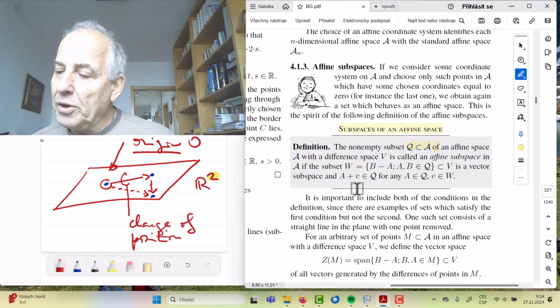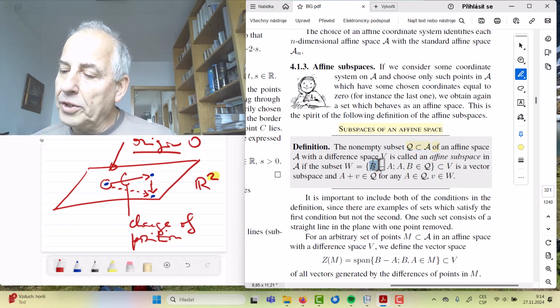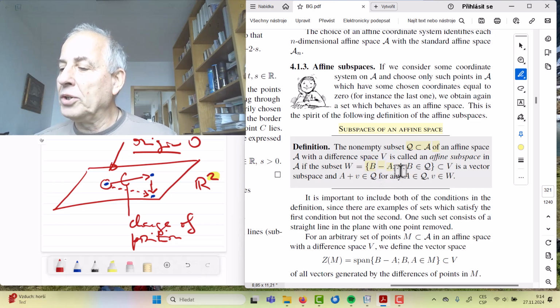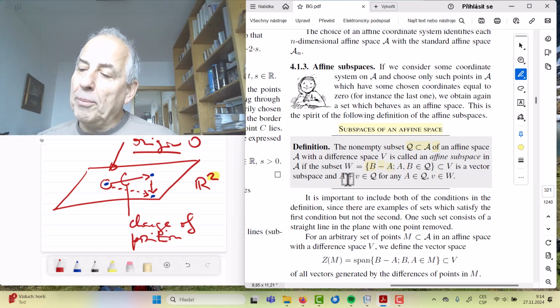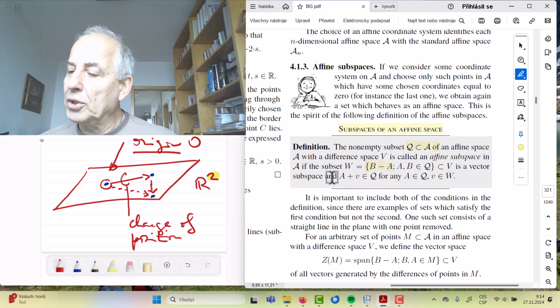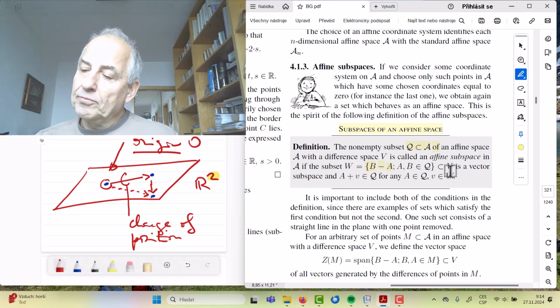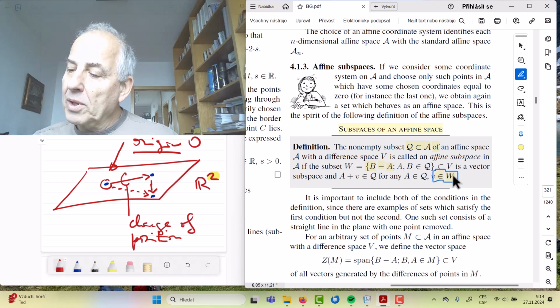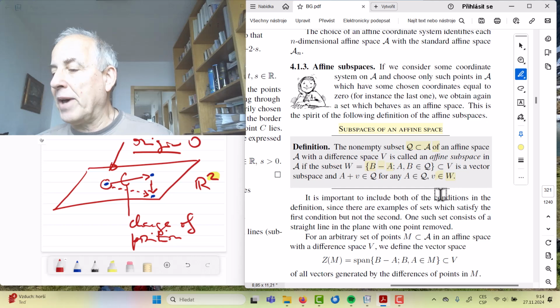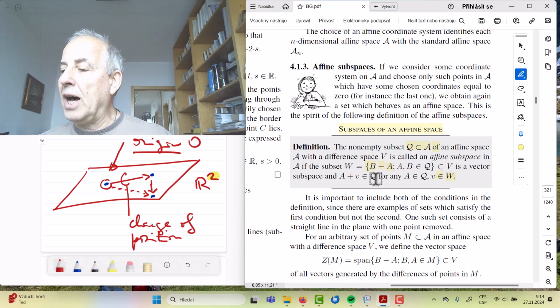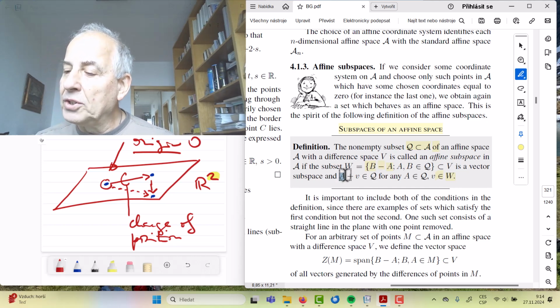So first we can take all the differences between points in my subset Q, and we insist that this W would be a vector subspace. And then we insist that adding the vector from the vector subspace, which we already realized, to any of the points in my subset must be again in the subset.